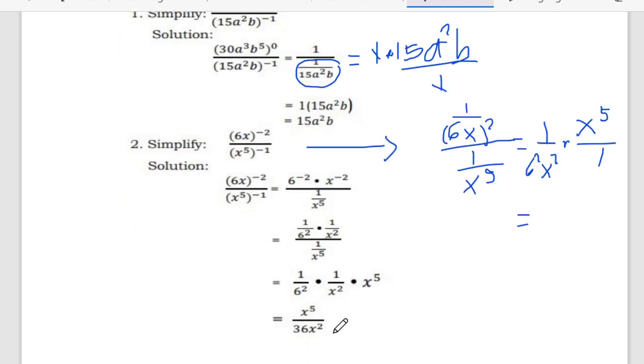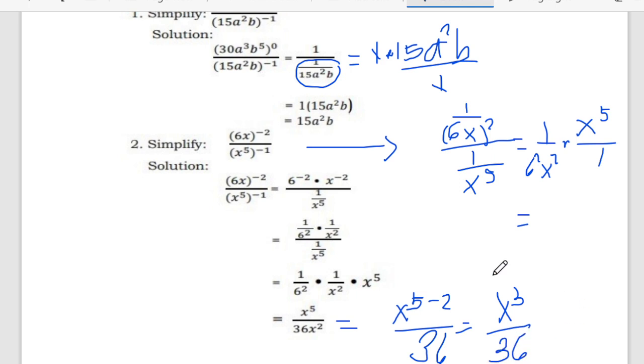So, if you are going to simplify this further, this must be x raised to 5 minus 2 over 36, or x cubed over 36. So, dapat ito ang answer nyo dito.